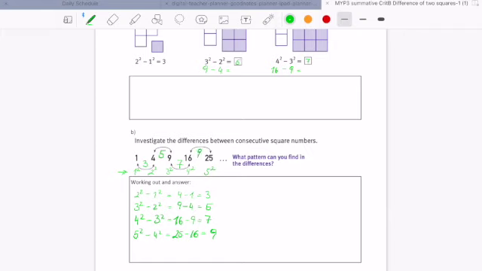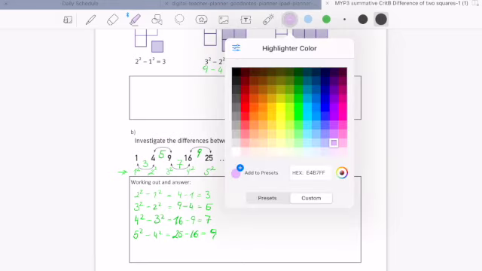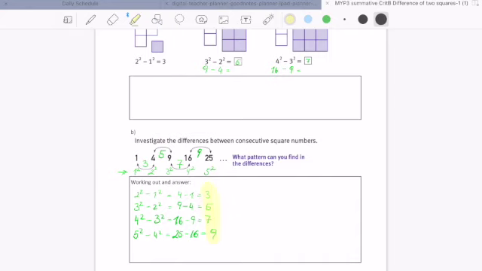And now when we're looking at these numbers here, I'm going to highlight those for you in maybe yellow. We're looking at these numbers. These are the differences.